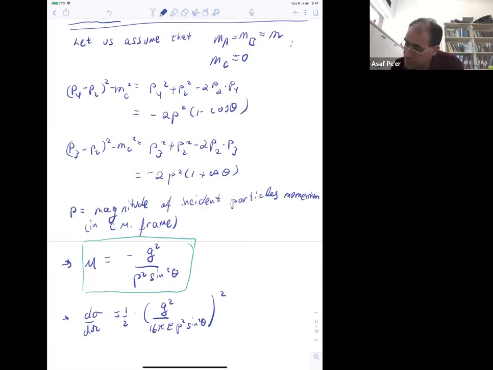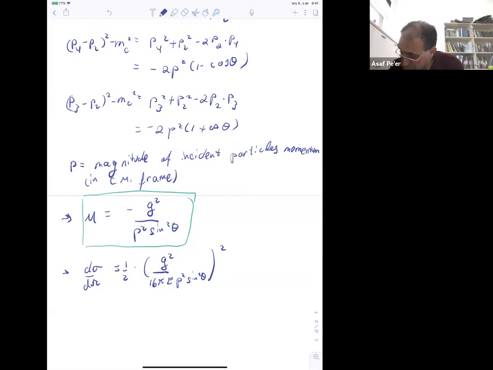Now the 1/2 comes from this statistical factor S. S is equal to 1/2 because we have two identical outgoing particles.